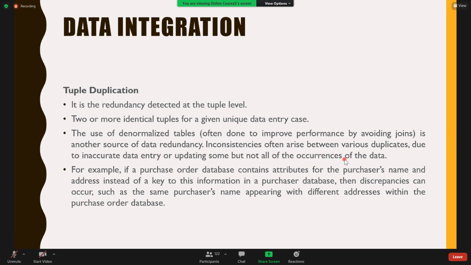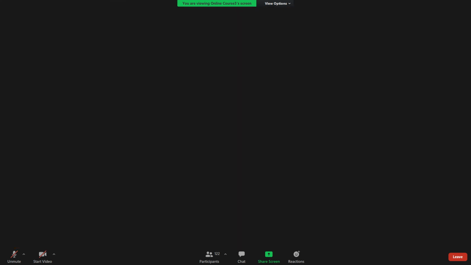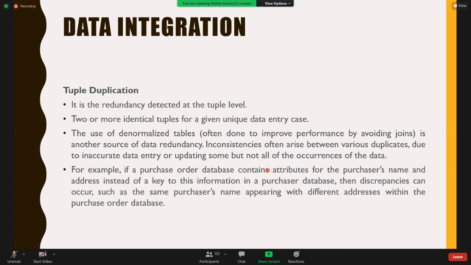And inconsistencies often arise between the various duplicates due to inaccurate data entry or updating some, but not all, of the occurrences of the data. If you have the same entry, and it is updated at one location and not updated in another location, it leads to inconsistency. It's a problem, right?